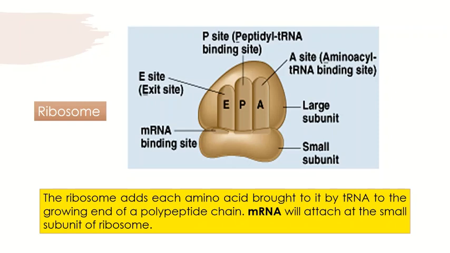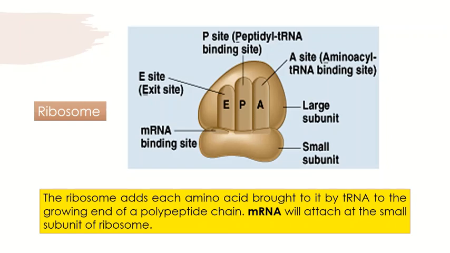Okay, since day one, we know that the ribosome is something that produces protein. The ribosome will add each amino acid that is brought to it by tRNA to the growing end of a polypeptide chain. The mRNA will attach at the small subunit of the ribosome. The ribosome is comprised of a large subunit and a small subunit, and when they combine together, they form a ribosome.